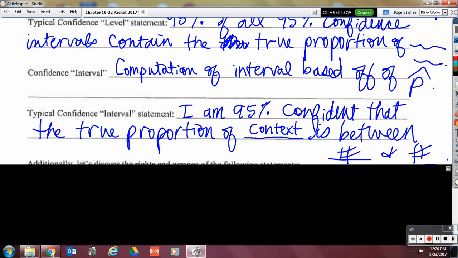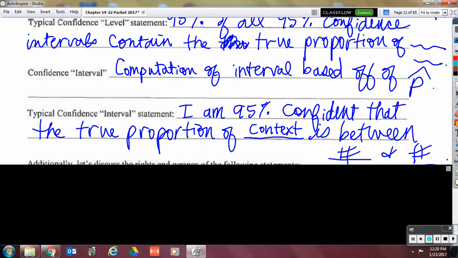Okay, so that's your typical interval statement, and that's the statement that we write most frequently. I typically don't have to practice that one with you because it's stated a lot.